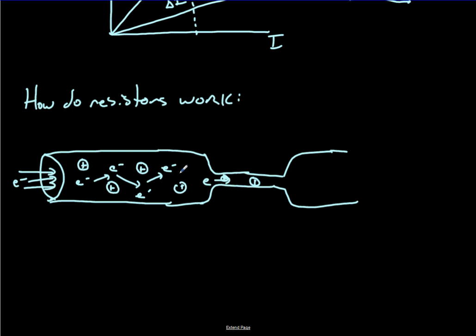And for a given push on this end, which we call voltage, you're going to have a lower flow. And like with water in a pipe, if you have a low flow in one spot, that affects the entire circuit. So if we put a resistor anywhere in a fully series circuit, it's going to slow down the flow of the whole circuit. Does that make sense?